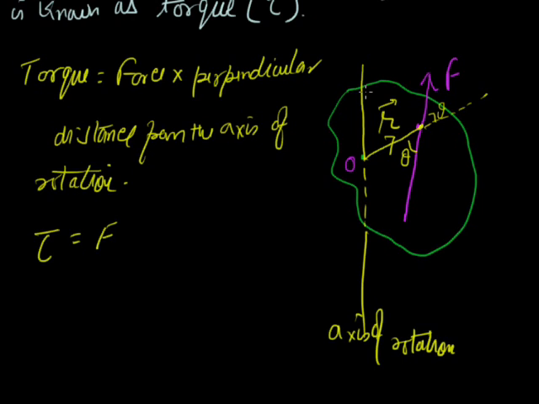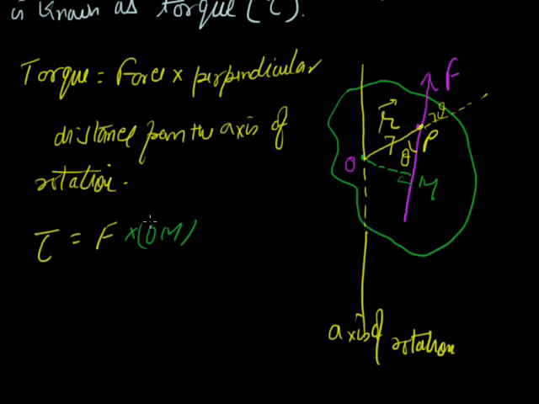So this point is P. This O to P is not the perpendicular distance, so we will draw a perpendicular from O on the force. Suppose this point is M. So OM will be the perpendicular distance. So tau is F into OM.